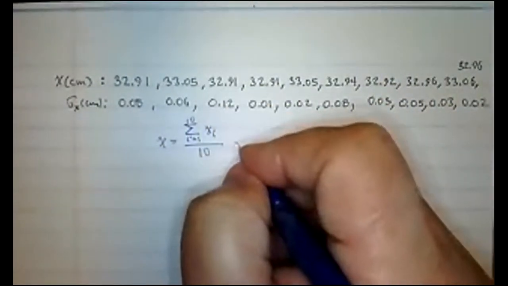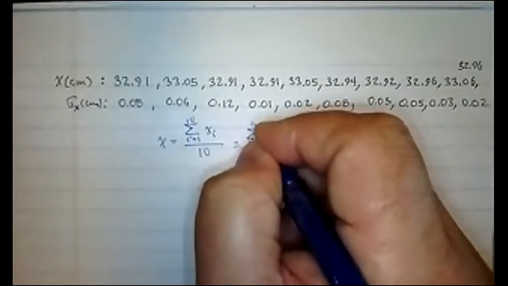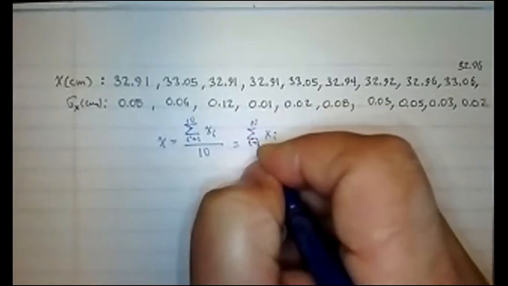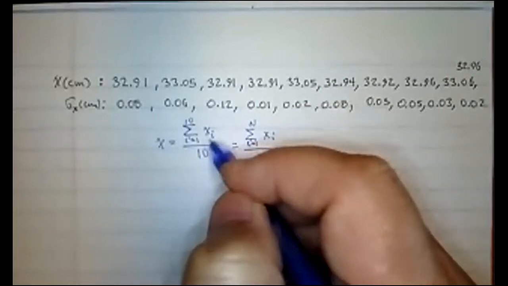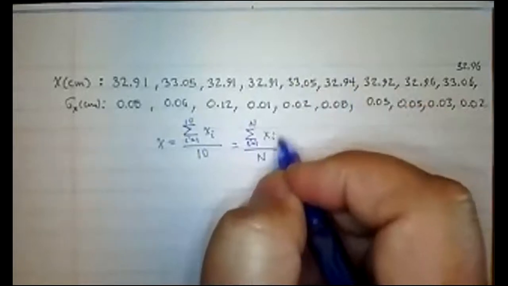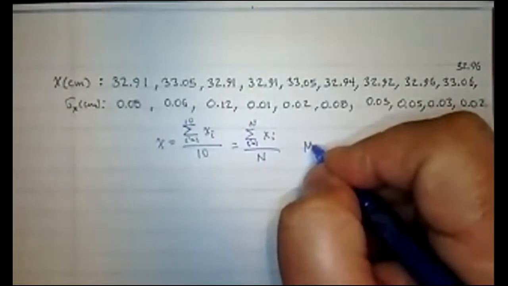Normally it would be the summation from i equals 1 to N of x sub i over N. But this time I just wanted to iterate that I actually had counted these. There are 10 data points, so that's why I put the 10 instead of the N. So that's really called the mean or average.